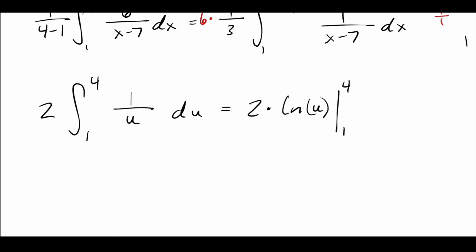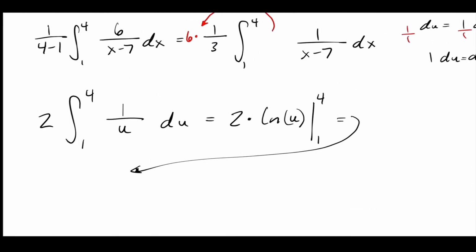So the first thing I've got to plug back in is u. So 2 times the natural log, and I'll put u back in, and I have to evaluate that from 4 to 1.